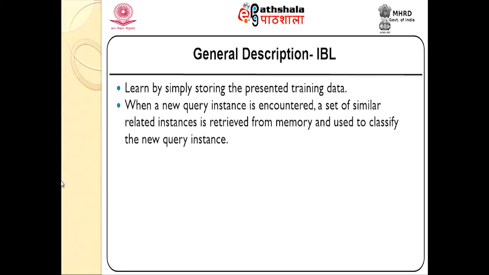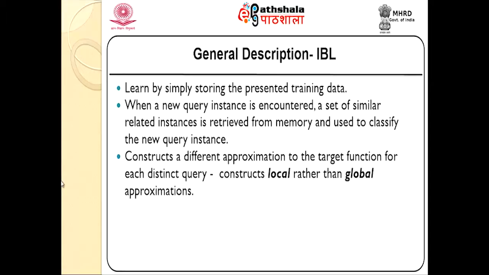So, when I am doing the training, I am just storing the training data. When new data is encountered, which is called a query instance, a set of similar stored instances is retrieved from memory and used to classify it. So, it constructs a different approximation to the target function for each distinct query. Depending upon the query instance, it approximates.